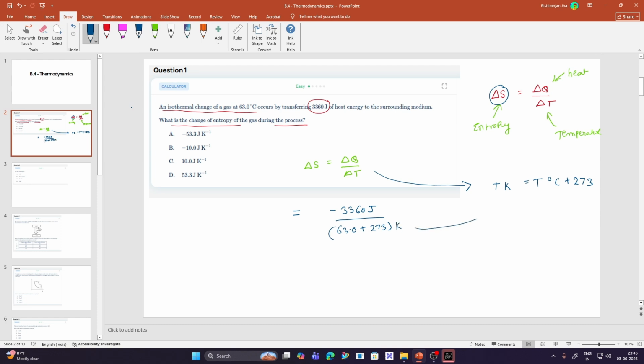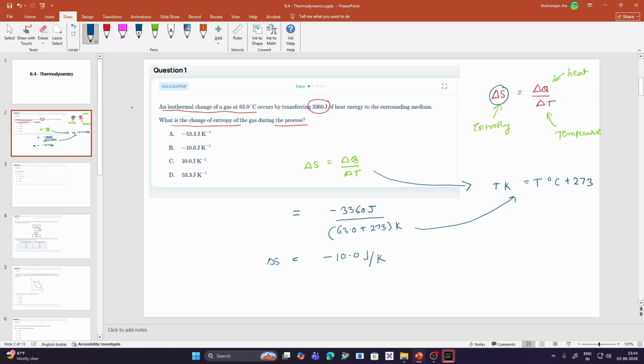The relation is given here. So after we solve this, we get delta S, that is the change in entropy, as minus 10.0 joules per Kelvin.